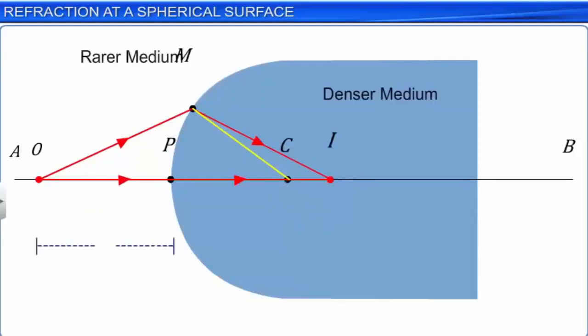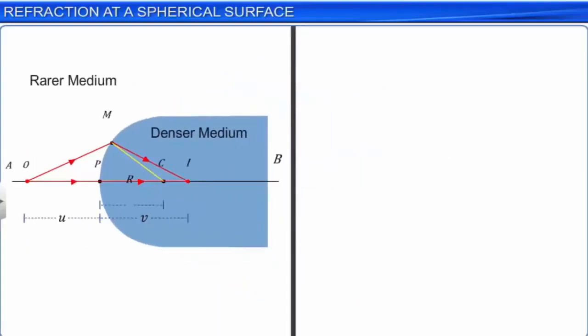Before we derive a relationship between the object distance and image distance, you need to know about the Cartesian sign convention we follow in case of refraction at a spherical surface. This is similar to the one you learned in the case of mirrors. The conventions are: 1.